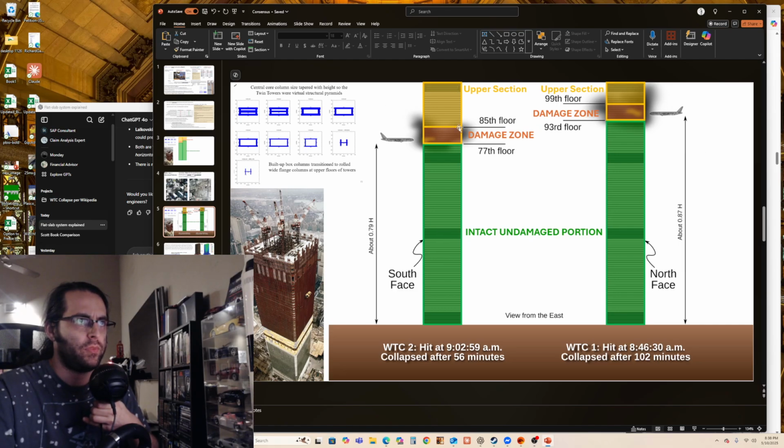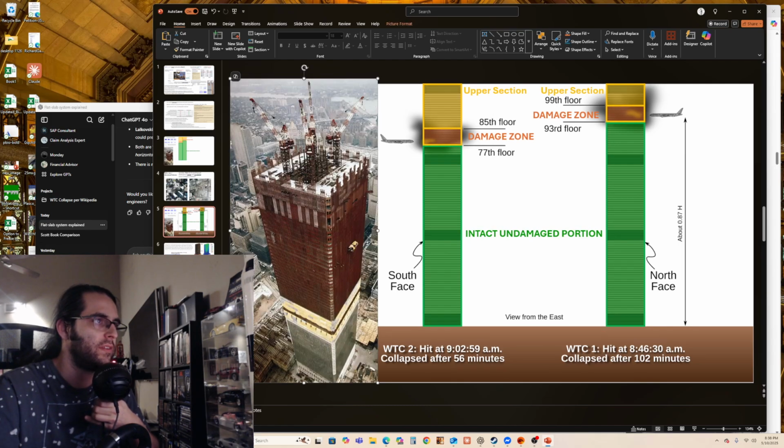And there's an intact upper section and an intact, undamaged lower section. The columns got thicker as you progress lower. Here's a pretty nice image of the columns, core columns, perimeter columns.